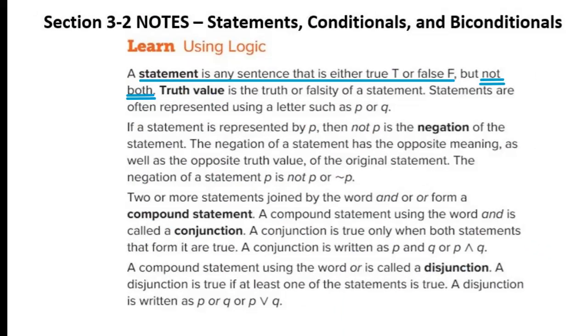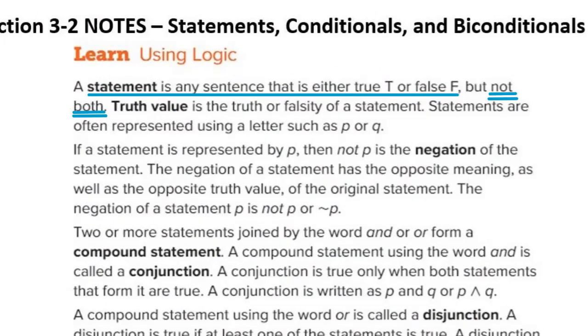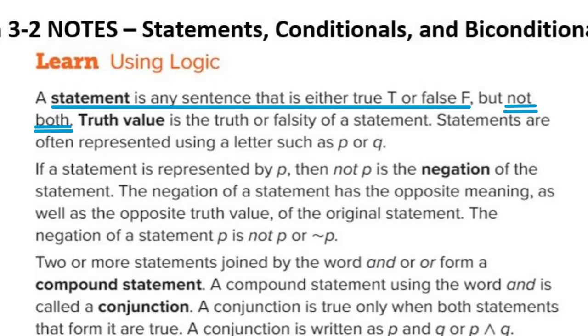The truth value is the truth or falsity of the statement. And we often represent statements using letters such as P or Q. So I'll have a sentence that I call sentence P, or a sentence that I call sentence Q.